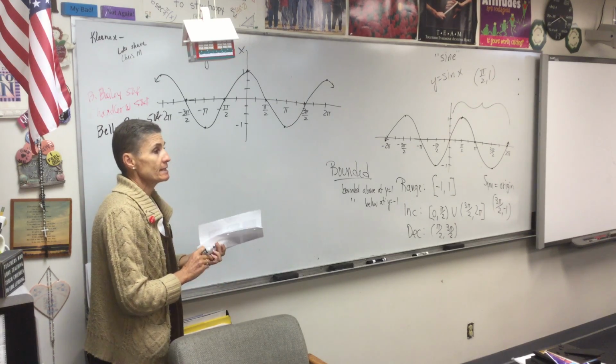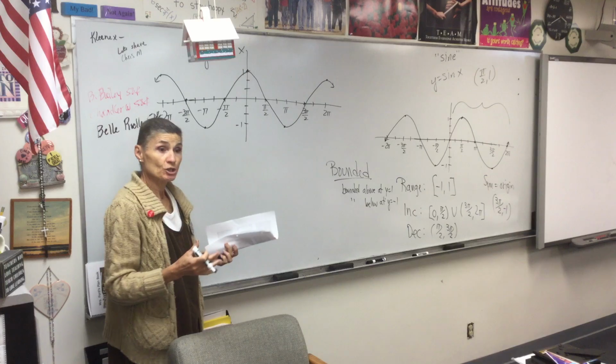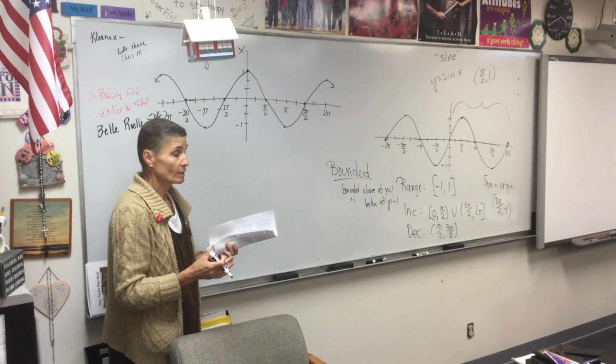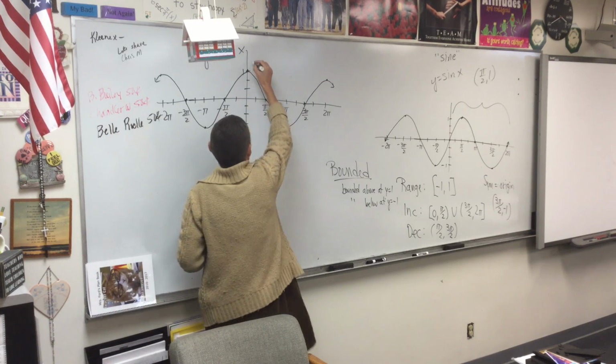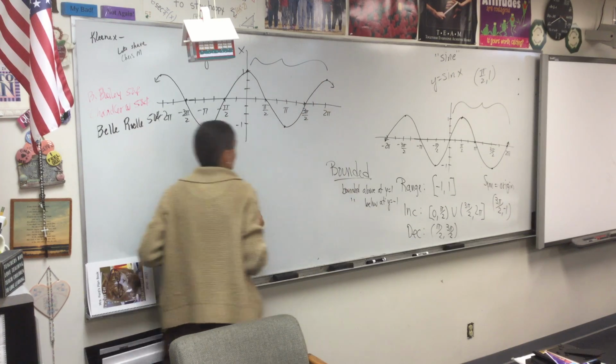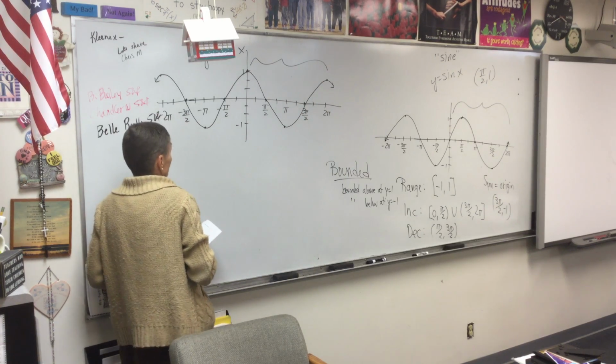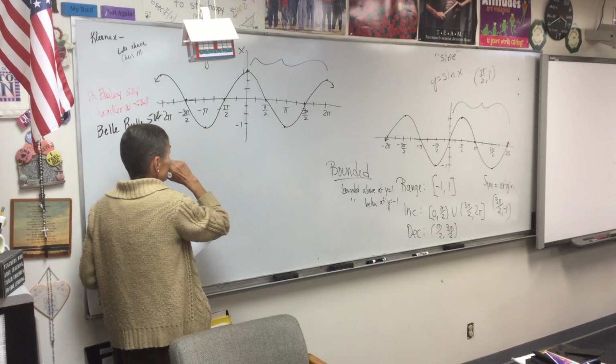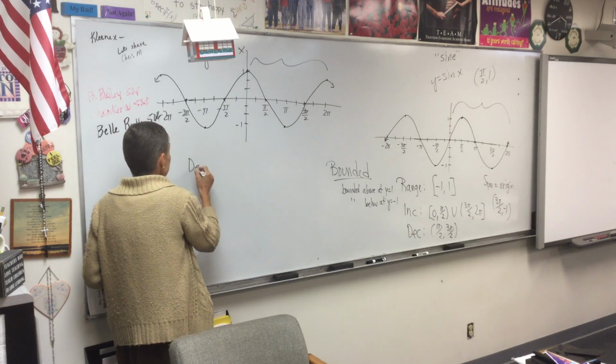Now, increasing and decreasing, that's going to change, right? So let's look at this first time around the unit circle right here, from 0 to 2 pi. Where are we decreasing?